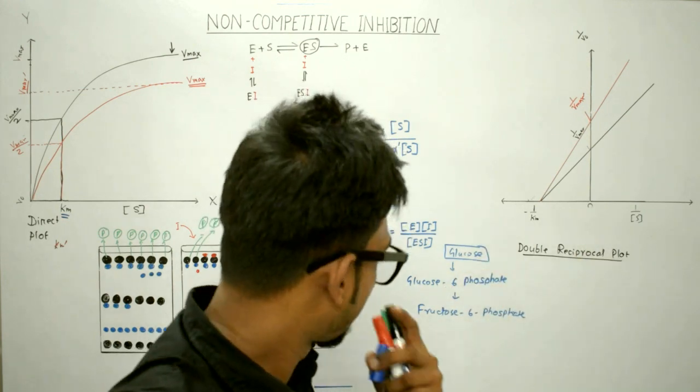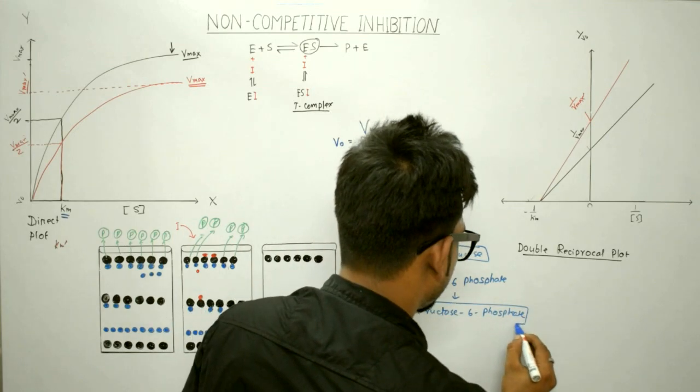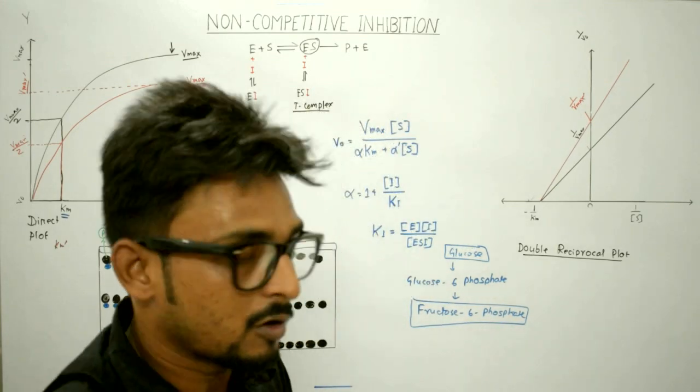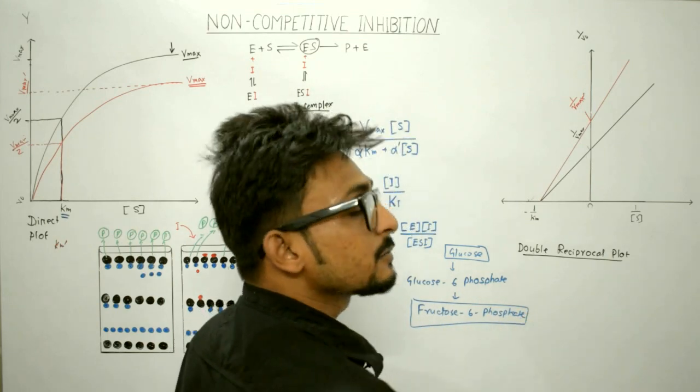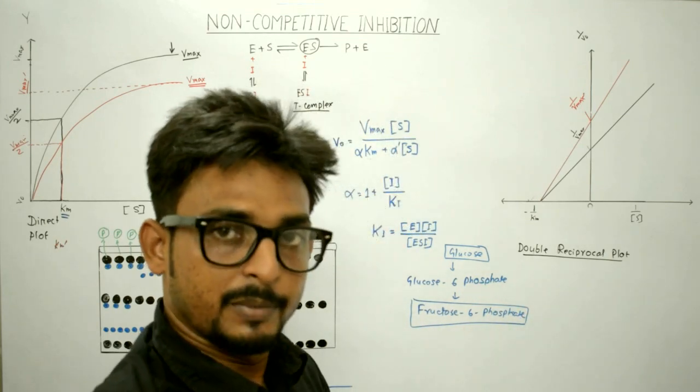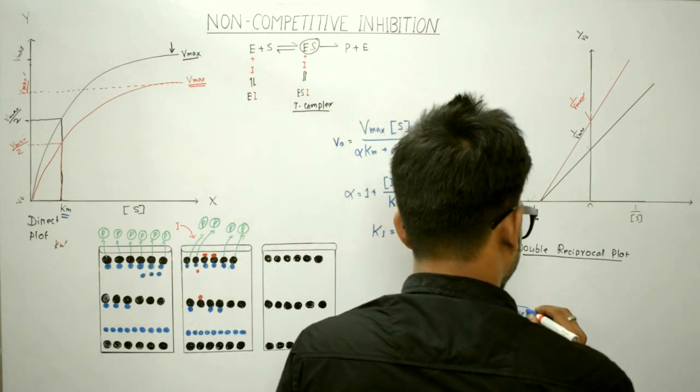So once the fructose 6 phosphate is formed, to regulate that, what will happen? This fructose 6 phosphate will bind to the hexokinase.